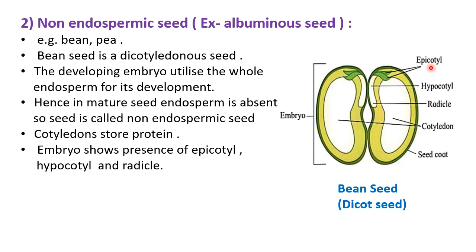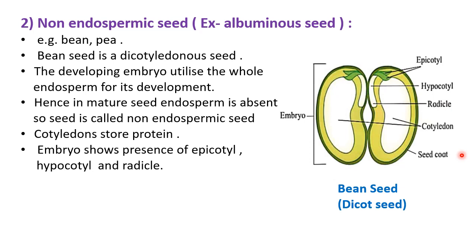This plumule later on develops into a plant or shoot. The middle part is called hypocotyl, and the part which is at the lower side of the hypocotyl is called radicle. You know that after seed germination, radicle develops into a root.